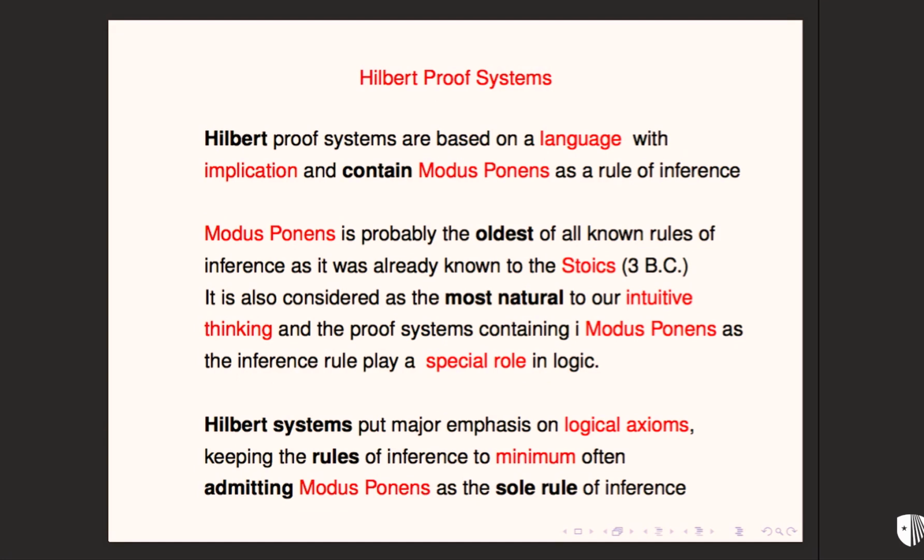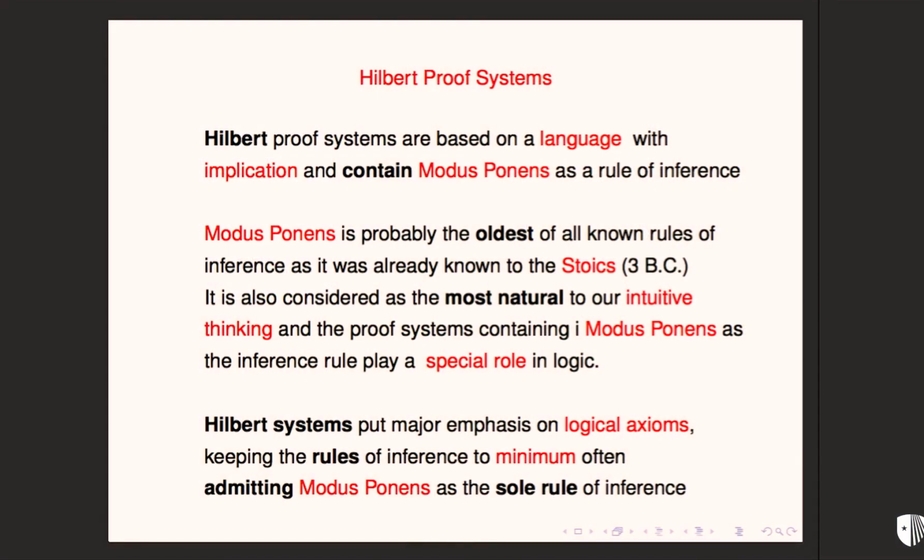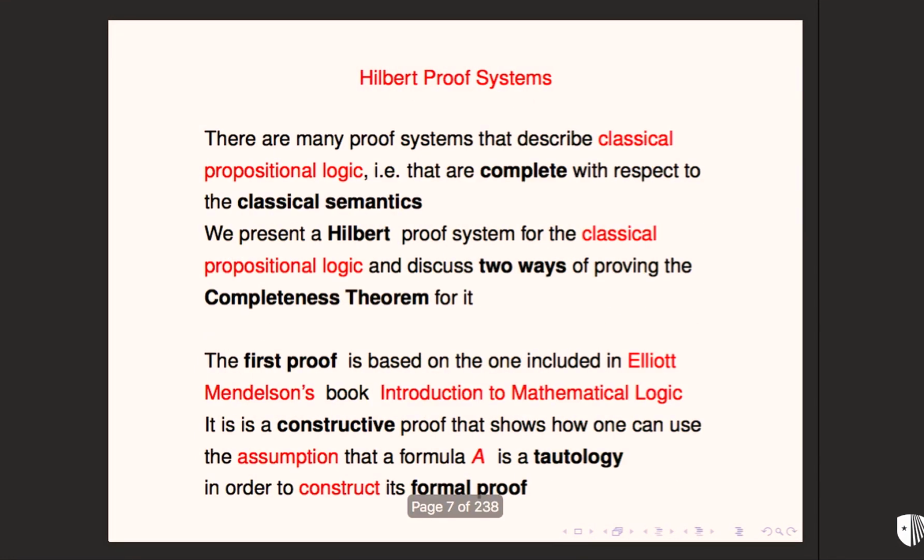The proof systems containing modus ponens are special proof systems. And of course, this kind of proof system, which contains that rule, puts major emphasis on logical axioms, keeping rules of inference to a minimum, often admitting, especially in the propositional case, modus ponens as the sole rule of inference.